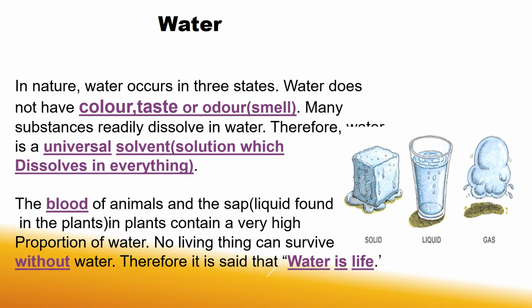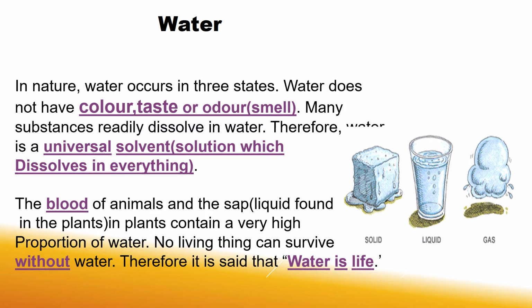Now, students, the blood of animals. Children, when blood comes out from your hand, what do you see? Yes, it is like water only, but it is red in color. So, the blood of animals and the sap. What is sap, children?